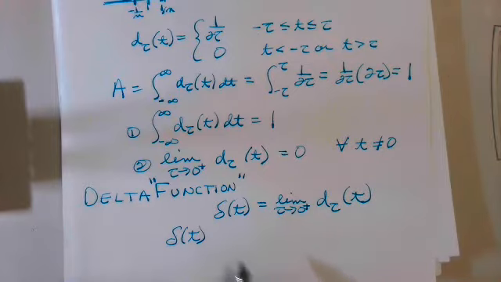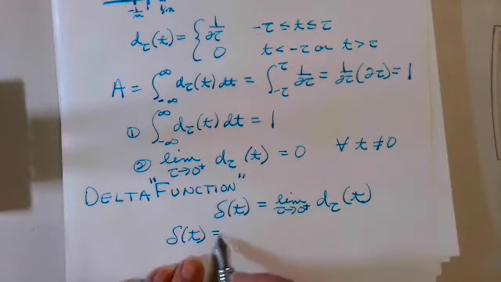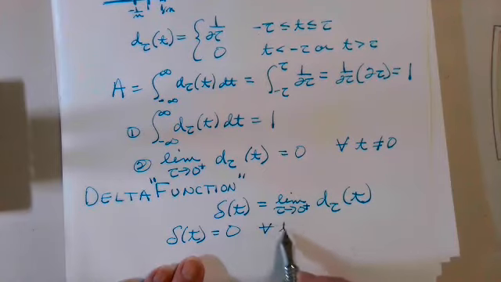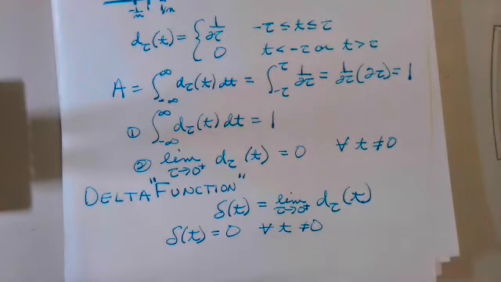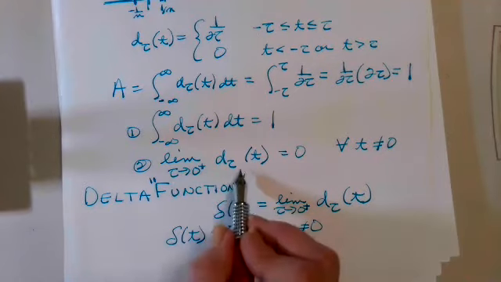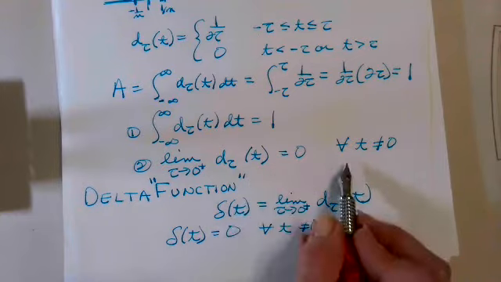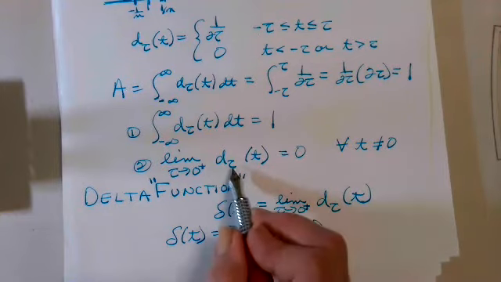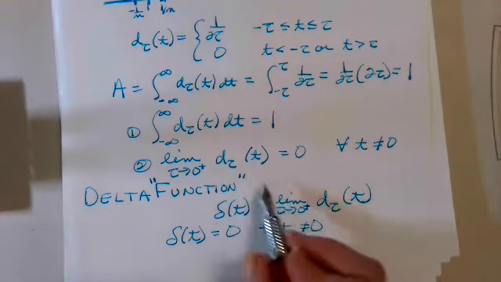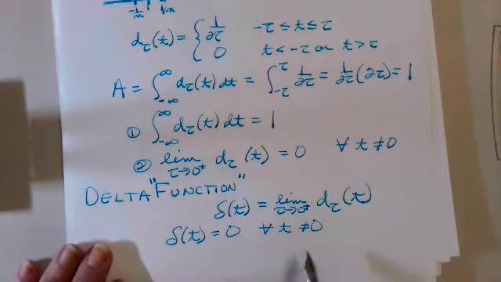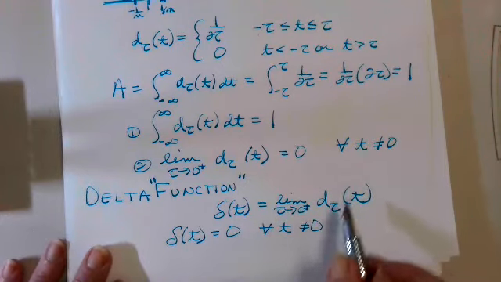So delta of t is equal to 0 for all t not equal to 0, because that's true for d tau of t as long as t is different from 0. If you just take this limit, by the definition, that has to be true as long as t is not equal to 0.